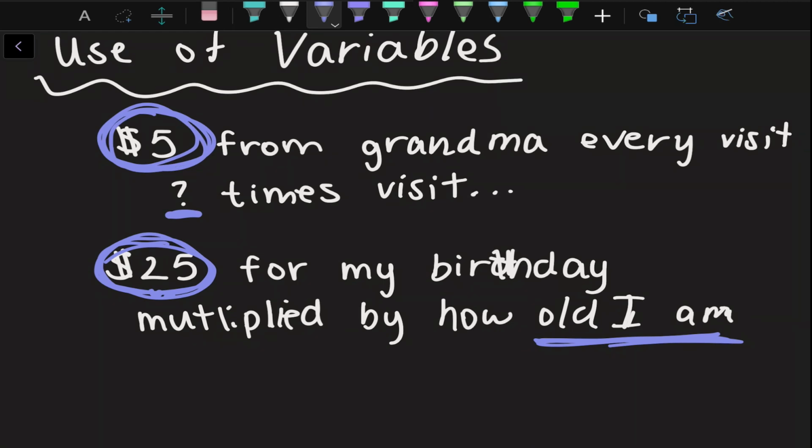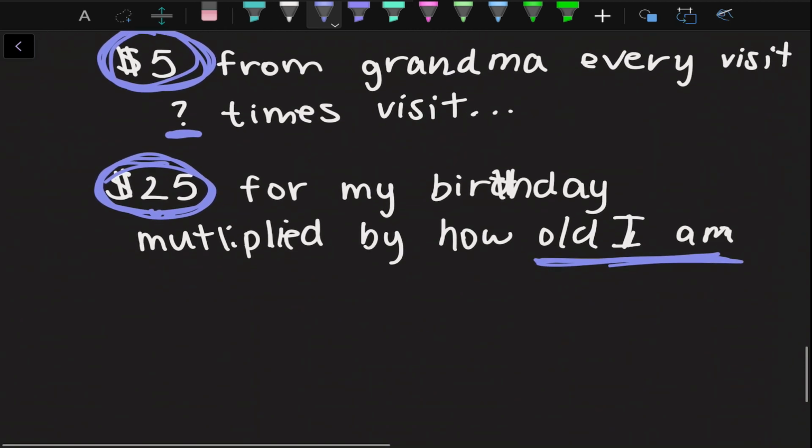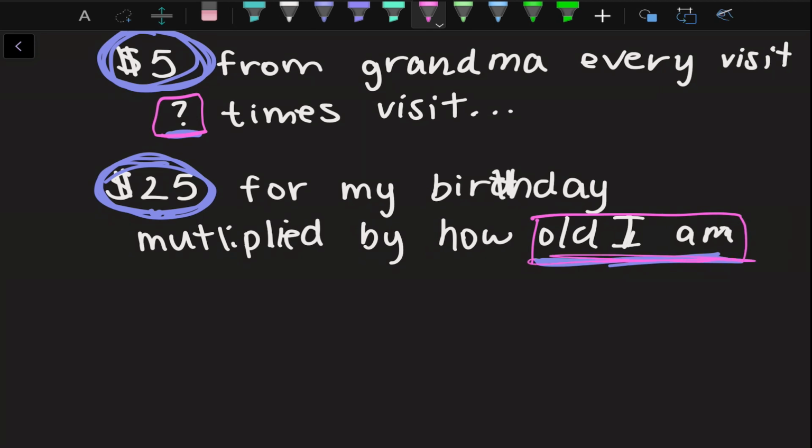So when I have something like this, I'm going to need something to represent what I don't know. And that's where a variable comes in. So for a question like this, I get $5 from grandma for every time she visits.